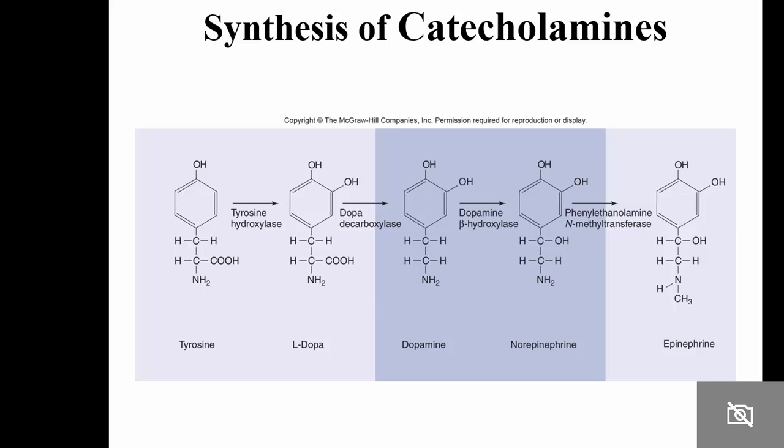So these catecholamines are all produced in the same pathway. This is the pleasure hormone, right? These two are excitatory neurotransmitters. They're part of the fight or flight response. They're all produced in the same pathway. So likely, if you have a problem producing these two, you probably have a problem producing this one.